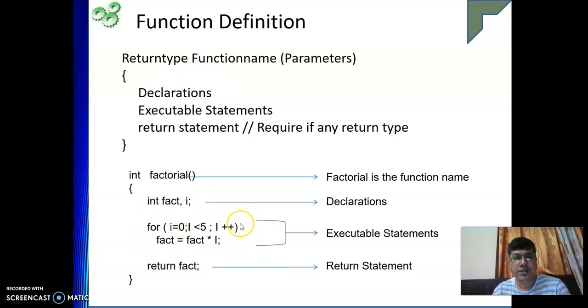Then this is the logic, the executable statement: for i equal to 0, i less than 5, i plus plus, fact equal to fact into i. So I find a factorial for 5, and then I'm returning this fact.